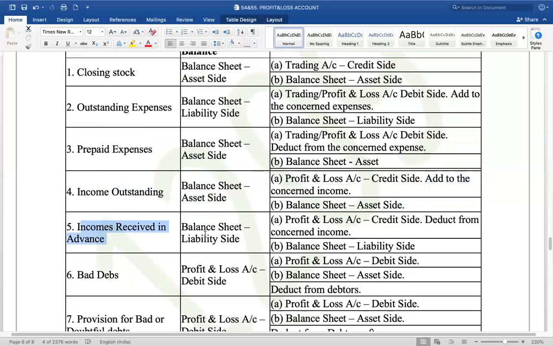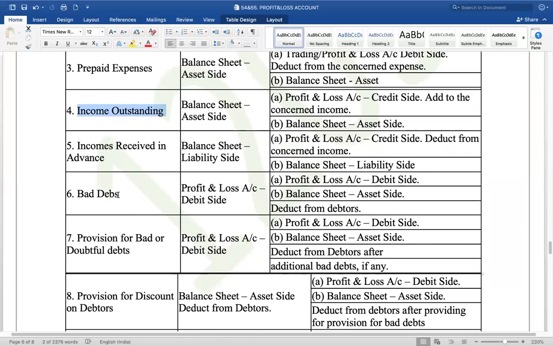If it is appearing in the trial balance, it's a liability. If it is not appearing, then it is a deduction from the concerned income and a liability. So this income received in advance is opposite to income outstanding.